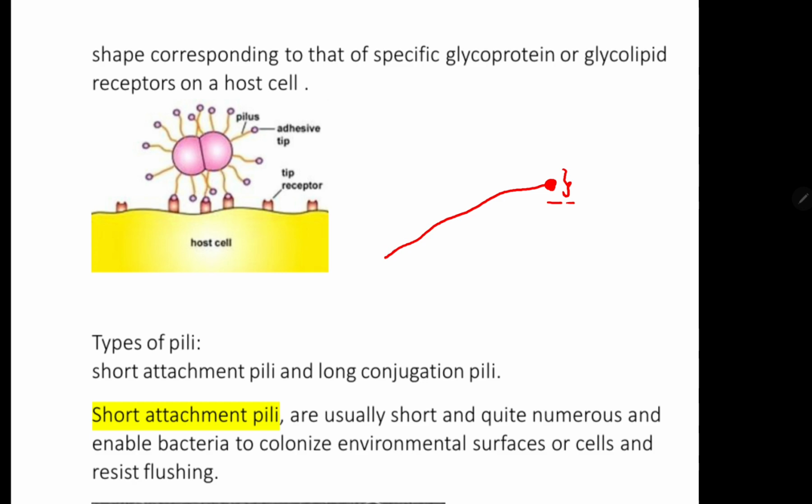Suppose this bacteria has to bind to a host cell. It will bind with the help of this structure present at the tip of its Fimbria or Pilli, made of glycoprotein or glycolipid. It will bind to the receptor of the host cell.